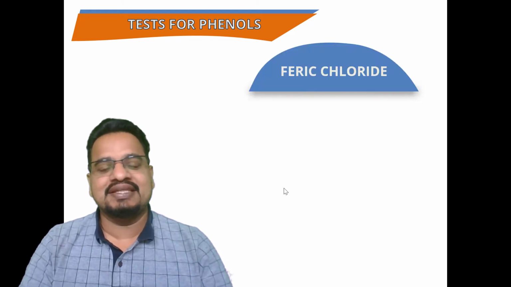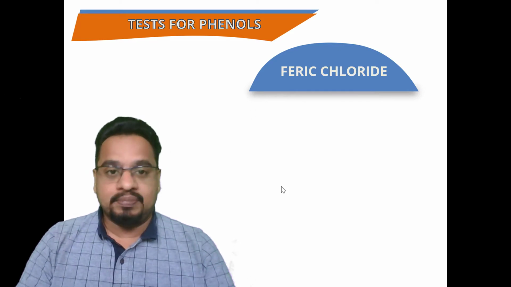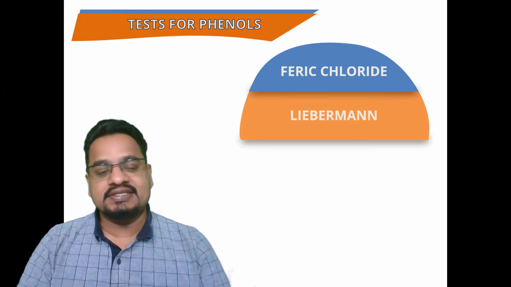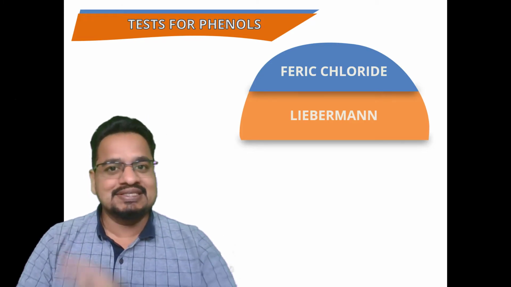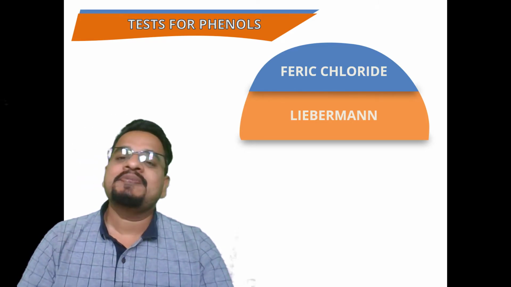So at the end of this lecture, you will be able to perform the tests for phenol. One is the ferric chloride test. Another one is the Liebermann nitroso test. These are the different color tests that I'm going to explain later on.